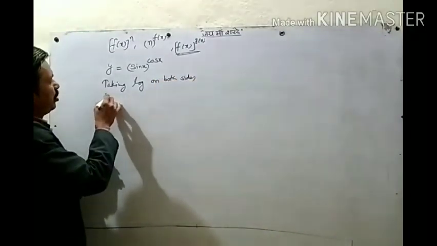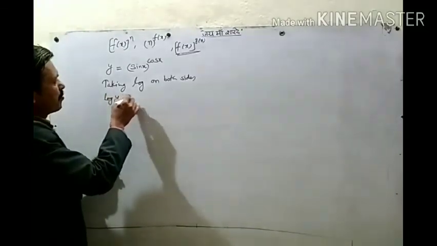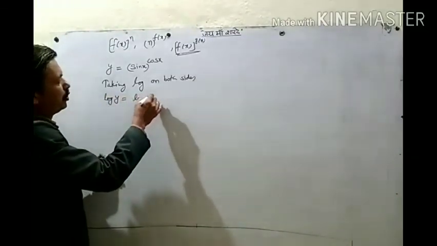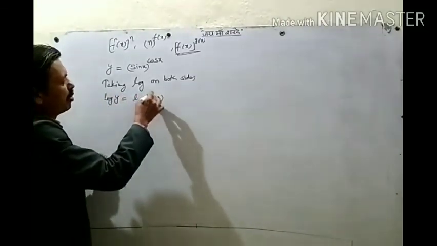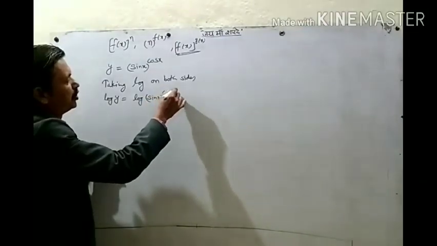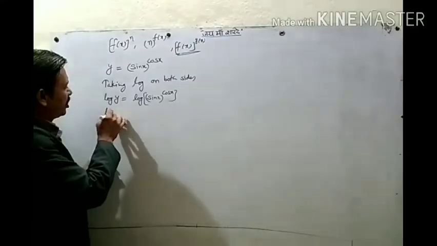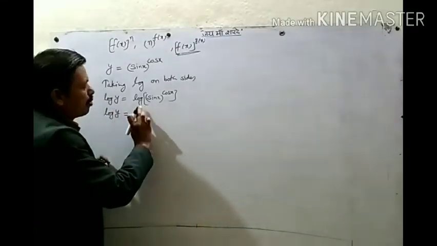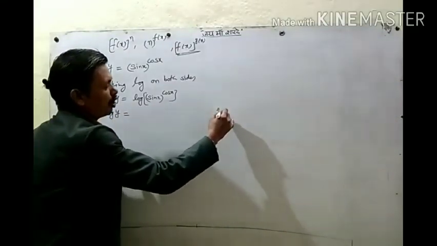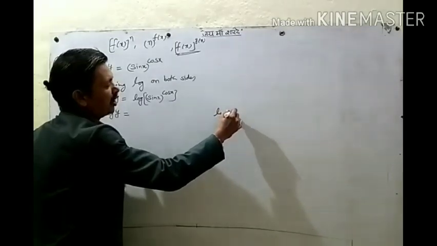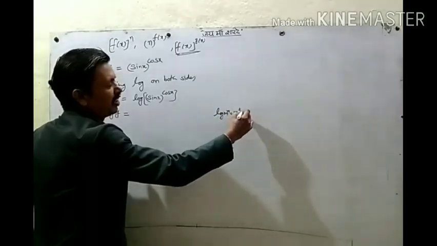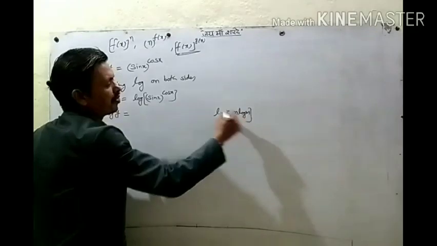Then we get log of y is equal to log of sin x to the power cos x. Then log of y is equal to, by the property of log, log of m to the power n is n log m.